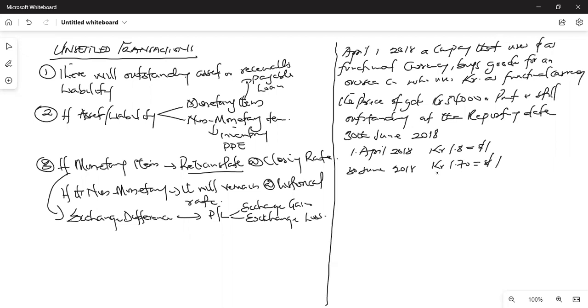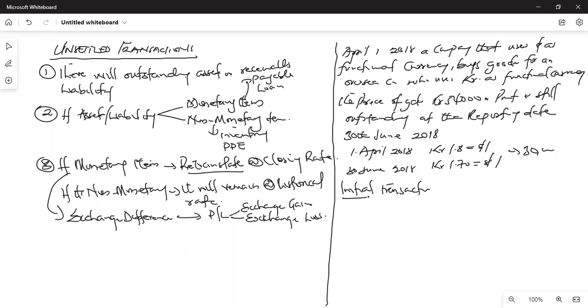Then what you are going to do is that when the transaction happens, the initial date the transaction happens, the initial measurement, or the initial transaction, will be what? So you have to go through, and I think we had the same 54 at 1.8, and when we converted it was 30,000, right?